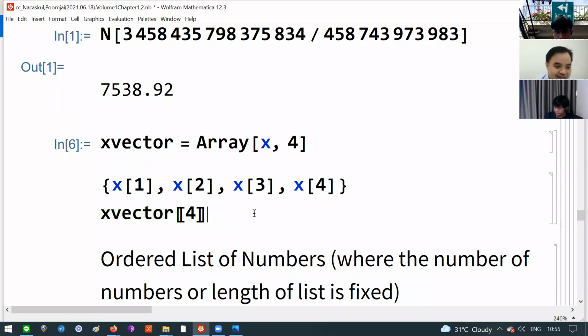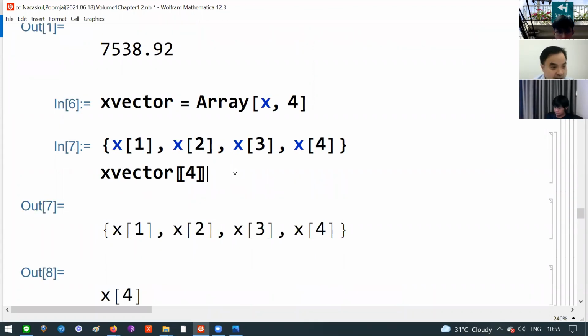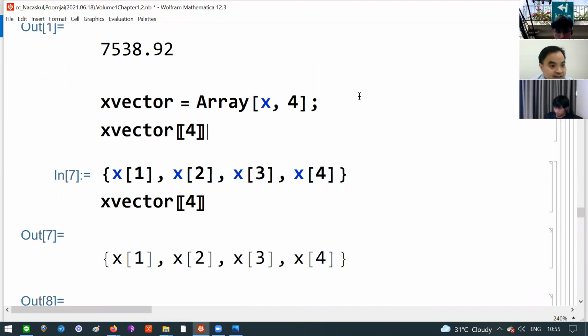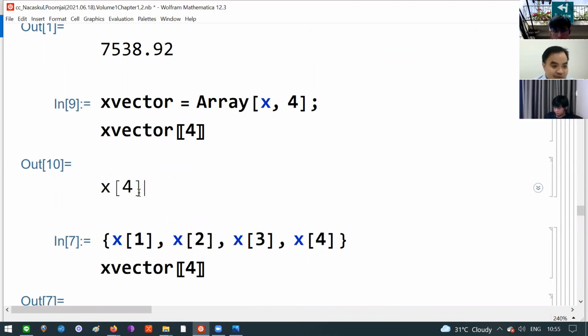If you did this, it's going to give you, oops, sorry, the fourth one. So it looks almost like a function. That's why I use this kind of funny notation. It looks almost like a function, but it's giving you the fourth element.